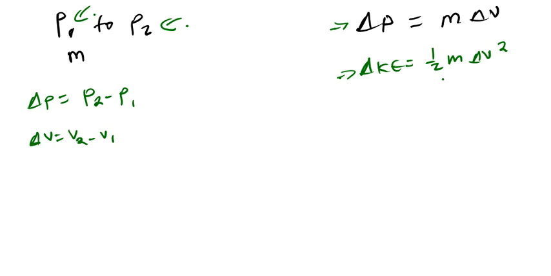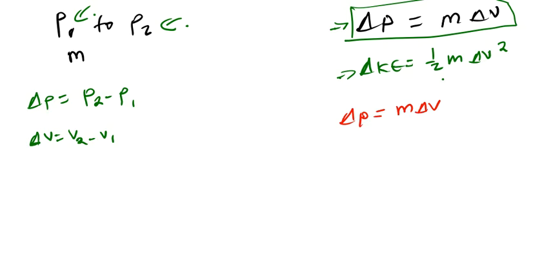Now, to make things simple for you, I'm going to work around with this. So what I have there is the change in P is equal to M times the change in V. So I'm going to make V the subject of the formula. Why am I doing this? Because from the data we don't have the velocity, but we have the mass. I want to find a way to eliminate the velocity.